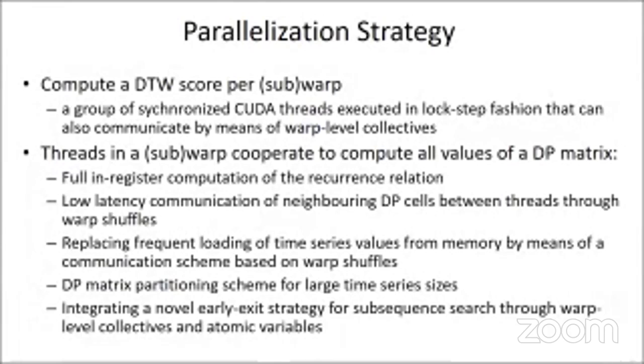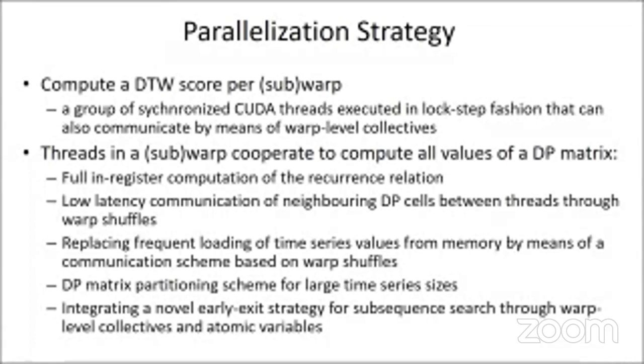So our parallelization strategy, again: we compute a single dynamic time warping score per warp, or even sub-warp if we use less than 32 threads. And the threads in a warp cooperate to compute all values of the DTW matrix in parallel. We use full in-register computation for the recurrence relation that I've shown before. Low latency communication of neighboring DP cells between threads through warp shuffles.